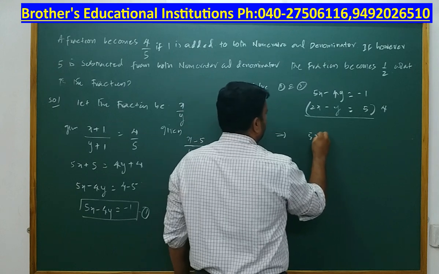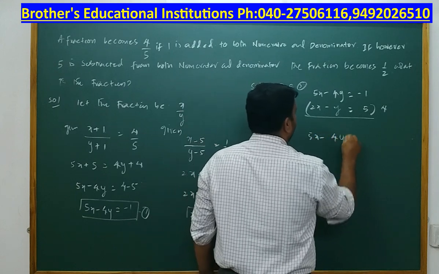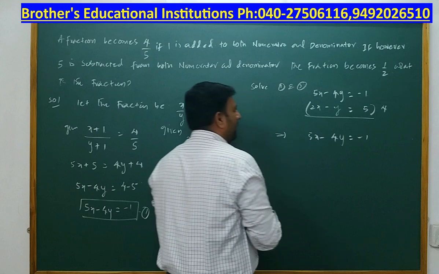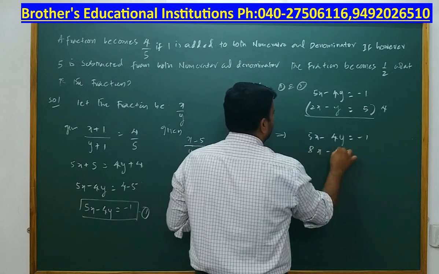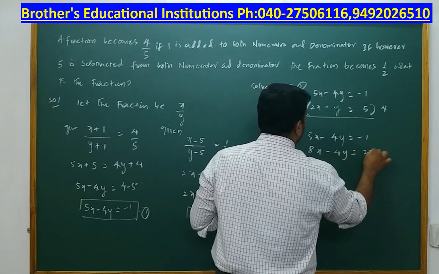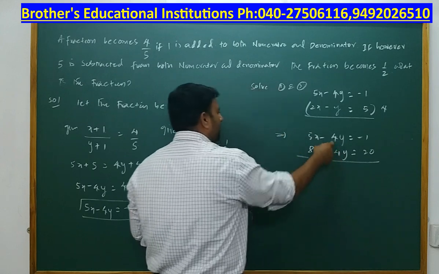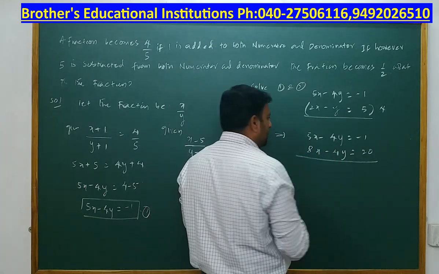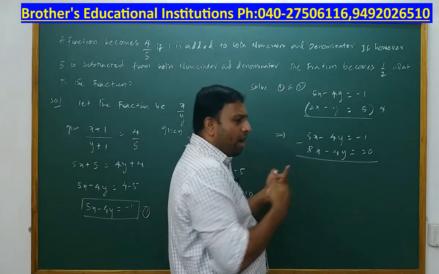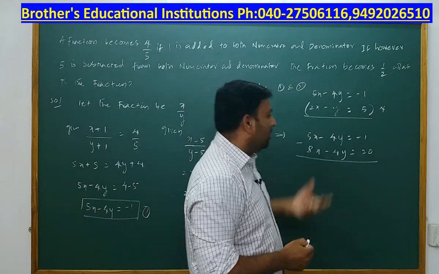Now the first equation is as it is, 5x minus 4y is equal to minus 1, and 4 2s are 8x minus 4y is equal to 4 5s are 20. Now both of them have the same sign. Whenever both have the same sign and you want to cancel, you have to subtract. If they have opposite signs and you want to cancel, you have to add.